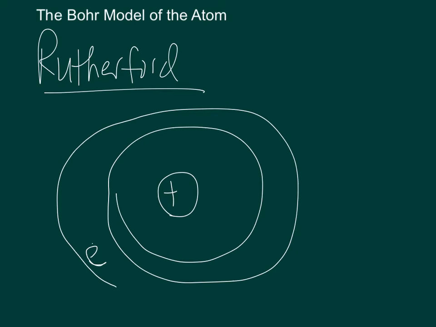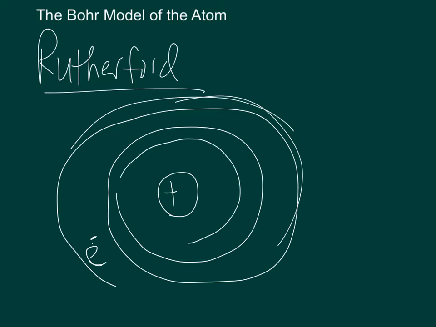Now, as we discussed previously, the electrons in orbit around the nucleus, if they were just particle in nature, should eventually just fall into the nucleus. However, as we've talked about, this has never been observed. So, what actually is happening?